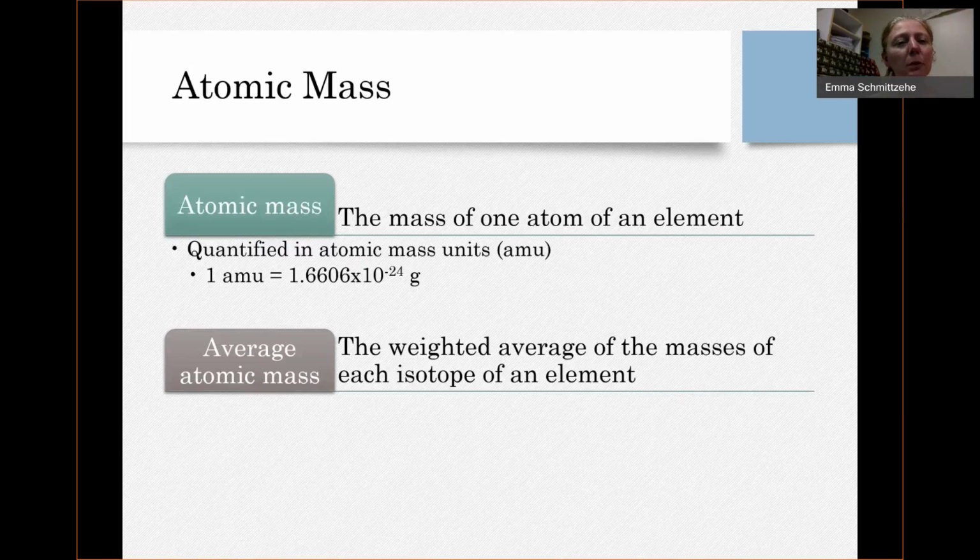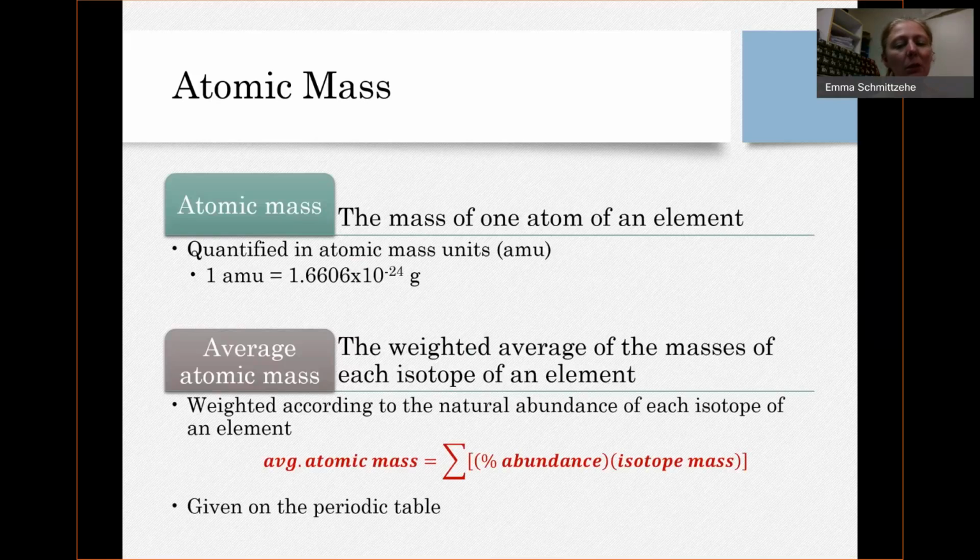But if the naturally occurring abundance of things is not 50-50, then that mass is going to be weighted more towards whatever is more abundant. And so what we utilize are these average atomic masses. And so it tells you on average what each individual atom of an element weighs. Okay.